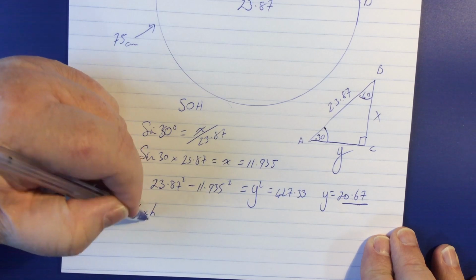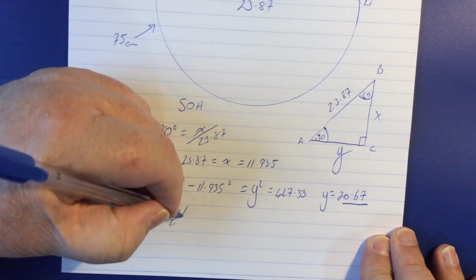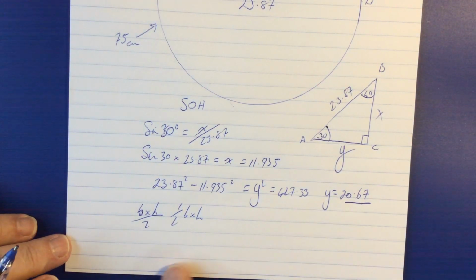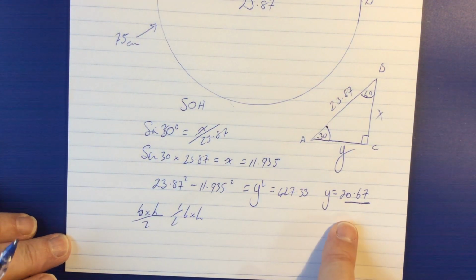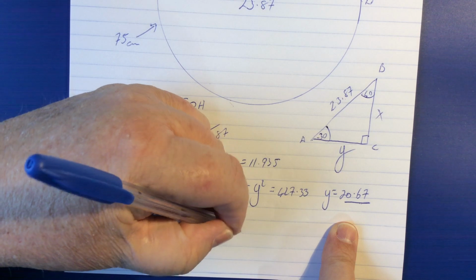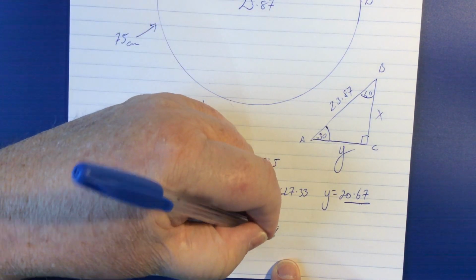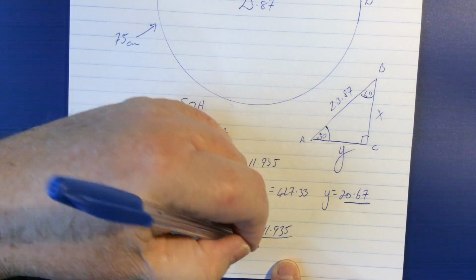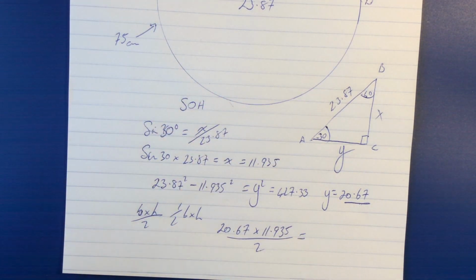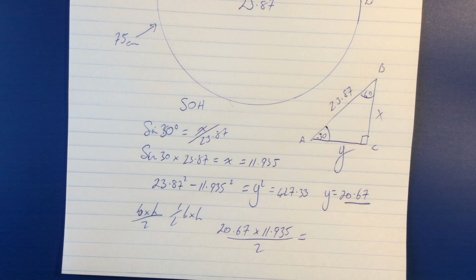Base times height over 2, or a half base times height. Right, so base 20.67, height 11.935 over 2 equals, let's find out. So I'm using rounded numbers again just to remind you. It's a very bad habit, but that's what I'm doing. And we divide that by 2.